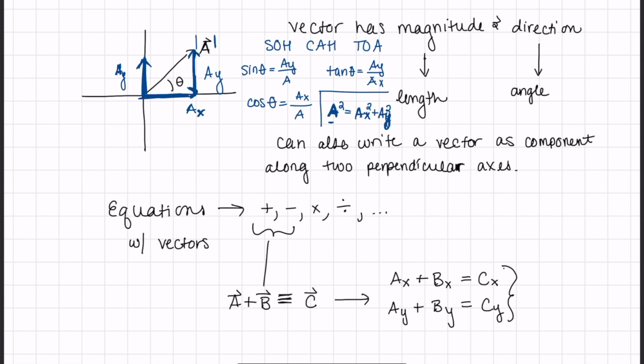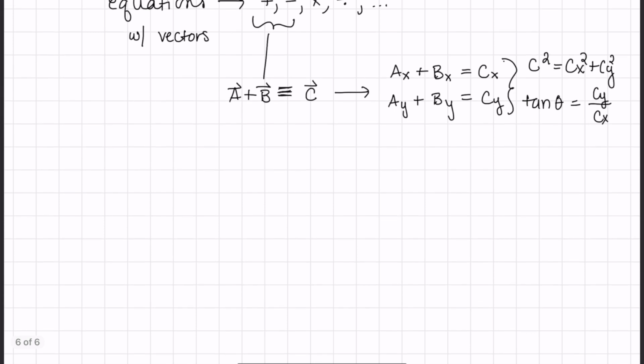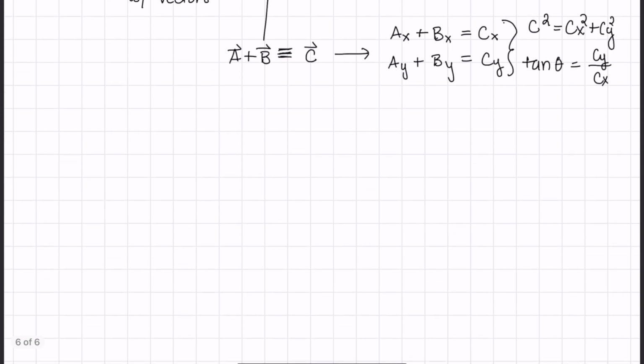And once you had those 2 components, then you could get the magnitude by using the Pythagorean theorem for the C vector, whatever that guy is, and you could get the theta from doing CY over CX and then taking the inverse tangent. So before moving on to subtraction, let's also look at this example and show some actual arrows, and again, how I want you guys to be able to put these together.